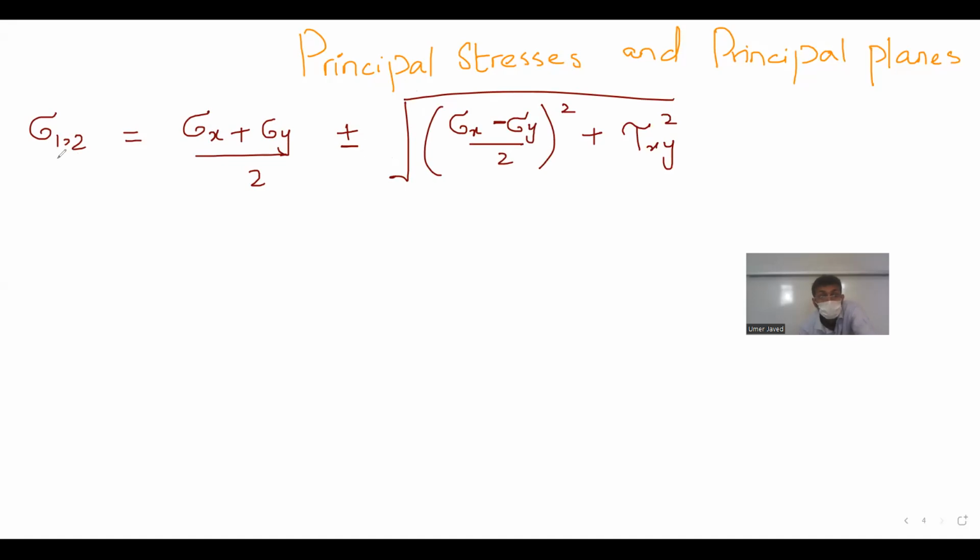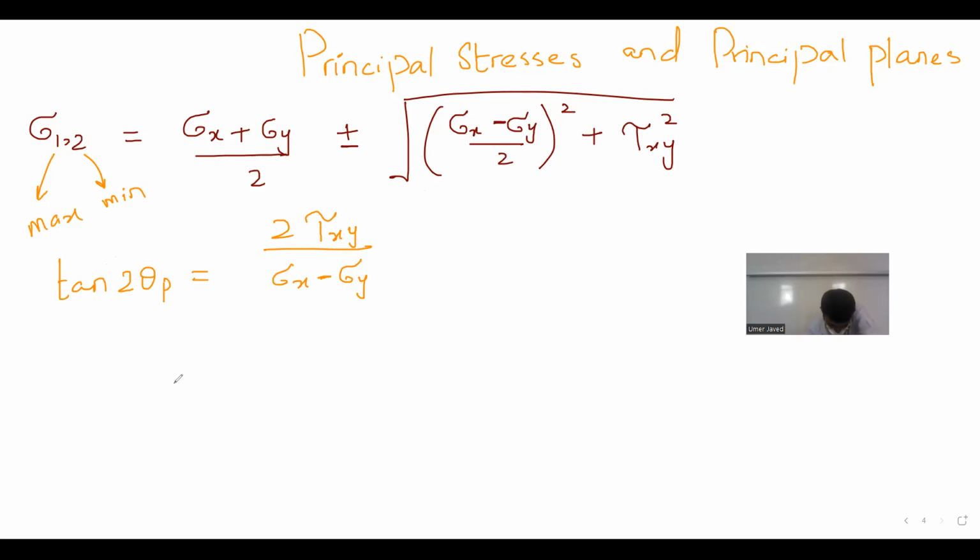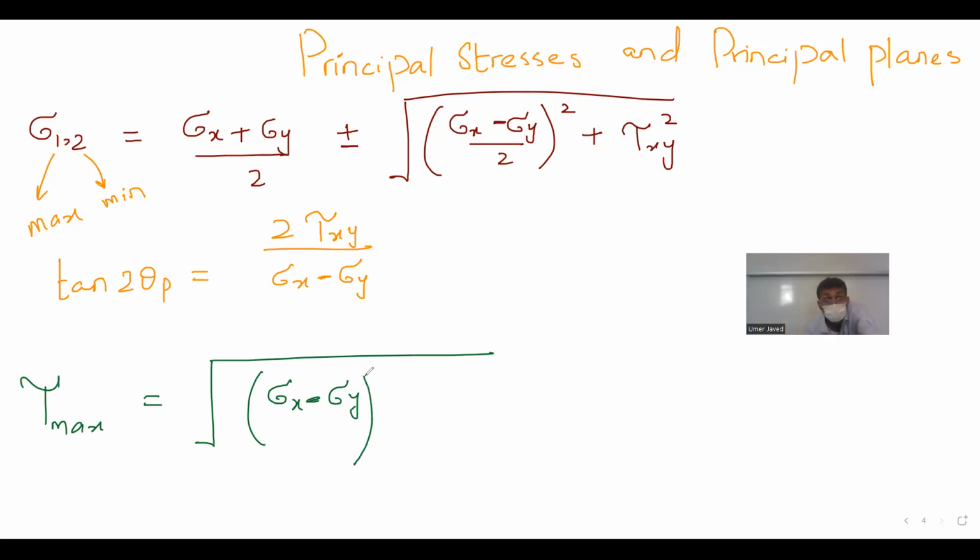Then we have tan of 2 theta P equal to 2 tau XY over stress X minus stress Y. And then we have tau max equal to the square root of (stress X minus stress Y divided by 2) square plus tau XY square, and tan 2 theta S.